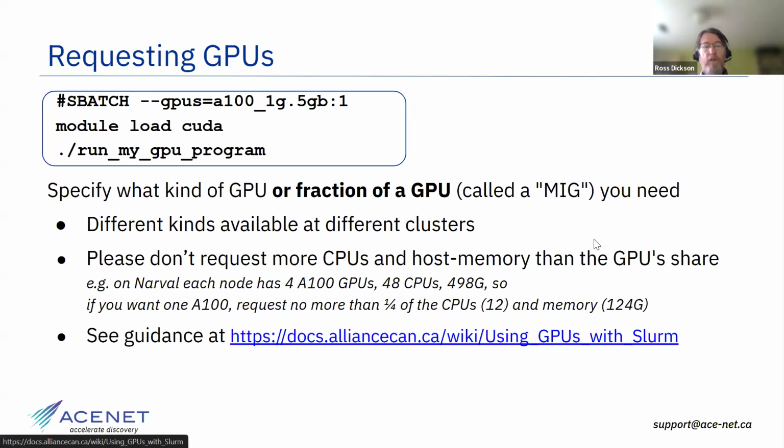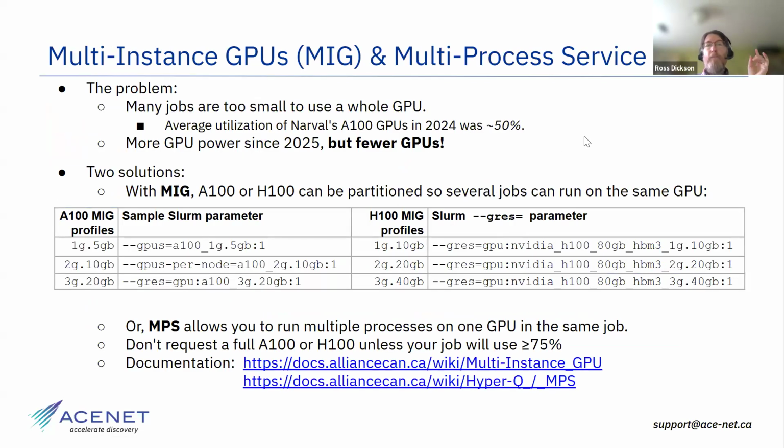And there's a documentation page on using GPUs with Slurm that will expand on more of this. The new GPUs, the H100s that I just showed you on the FIR page, and we have H100s also at Nibi and at Rorqual, and we have A100s at Narval, which are not quite as new, but still reasonably up to date, are very powerful.